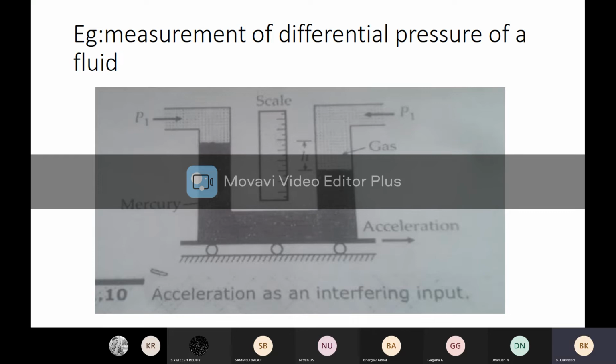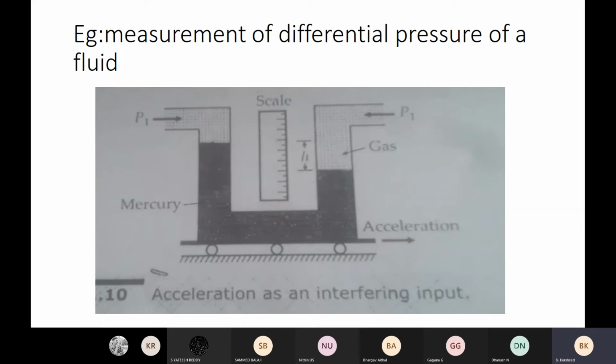These are the conditions, and P1 and P2 are both the same. Okay, so he has written P1, P1.